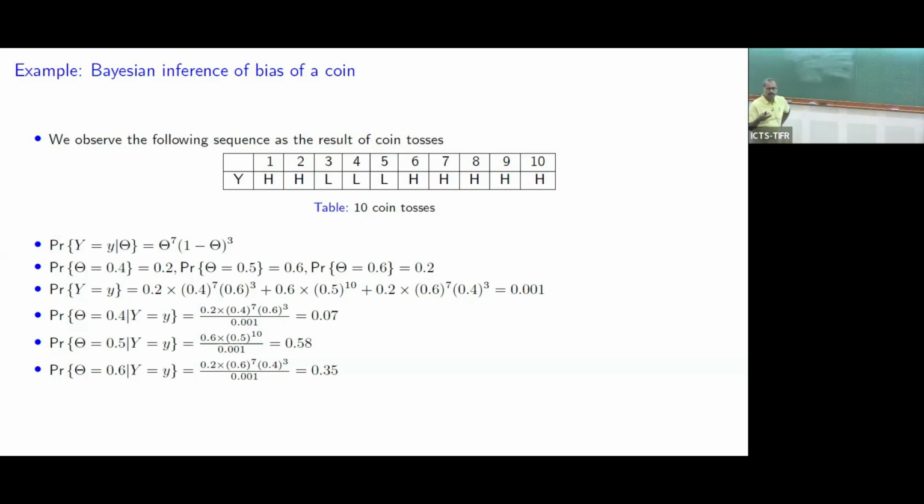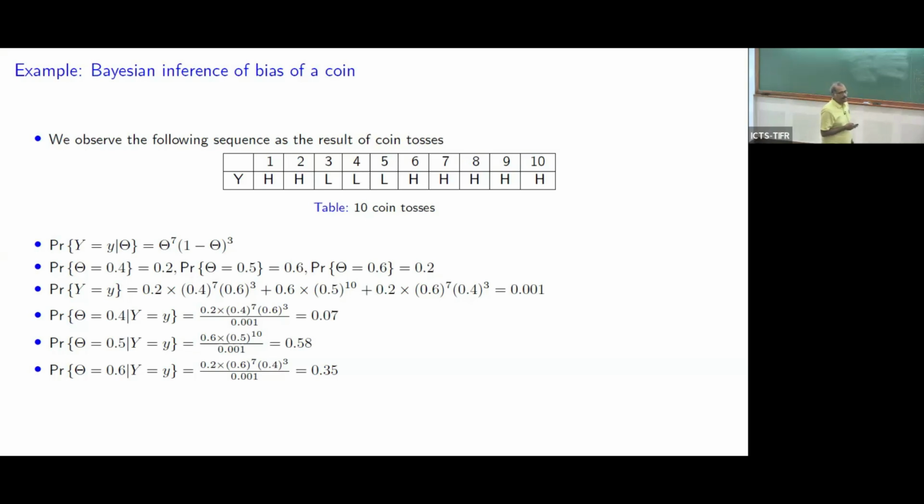We are seeing more heads, so we have to revise our belief now. Our intuition is that the belief on values of the bias which are over 0.5 should go up, and the belief on values of bias which are less than 0.5 should go down, and that is actually happening here. So the Bayesian update, that is the procedure of revising our beliefs on the basis of data and the prior belief that we have, is based on Bayes rule. This is an example which shows that.